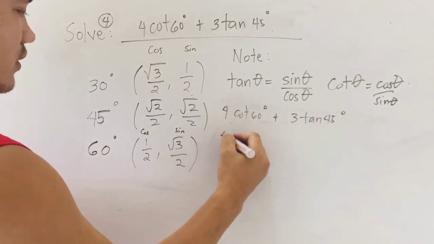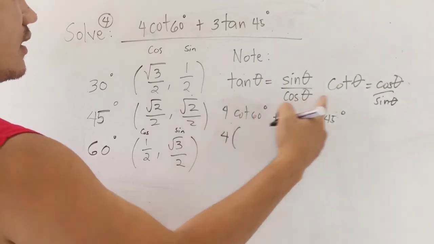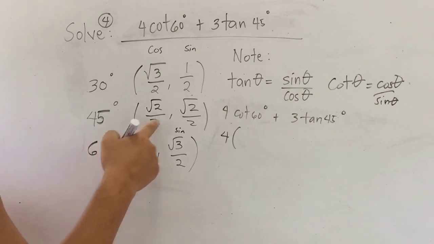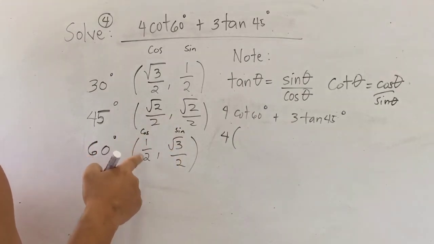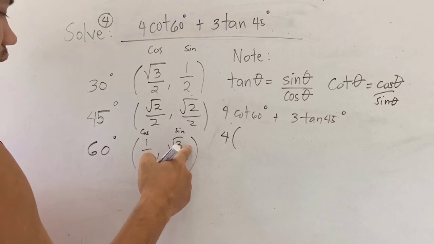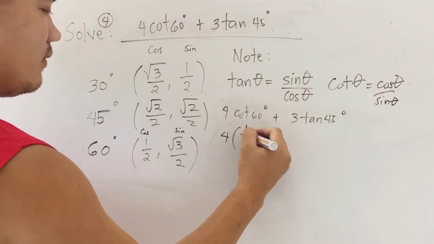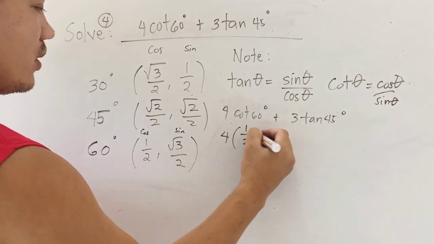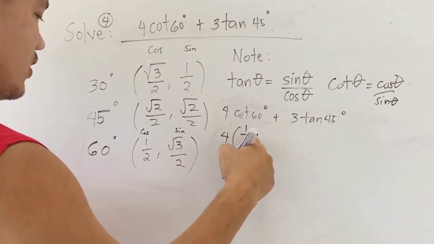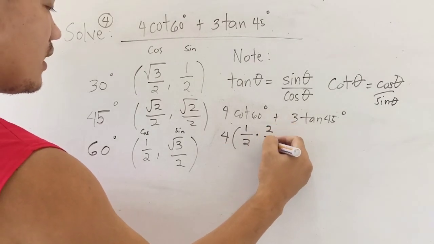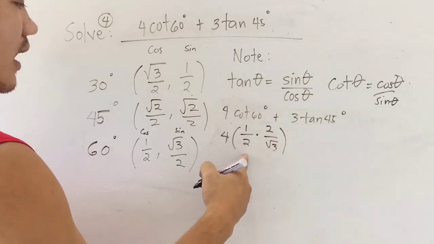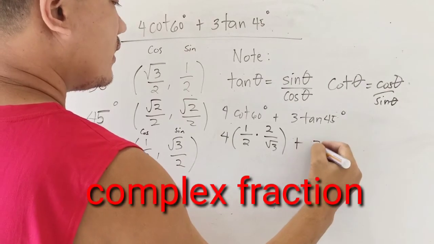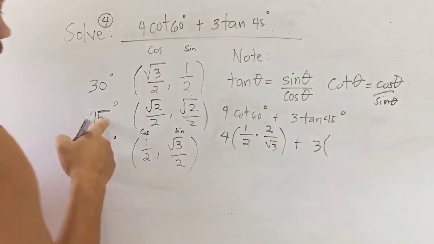Substitute natin ang values. Cotangent 60 degrees, ito yung gagamitin natin sa ating 60. Yung cosine, i-divide natin sa sine. Ibig sabihin, 1/2 divided by square root of 3 over 2. Kapag tayo nag-divide ng fraction, mag-proceed tayo sa multiplication, then get the reciprocal of the second fraction. Kaya mangyayari, 1/2 times 2 over square root of 3, plus 3 times ang tangent natin, 45.